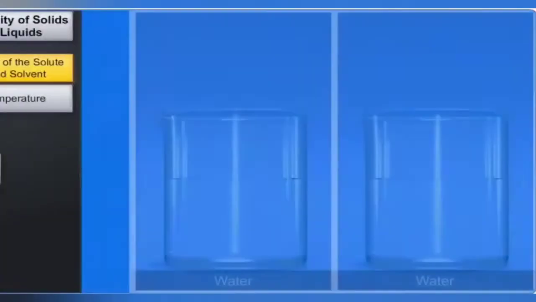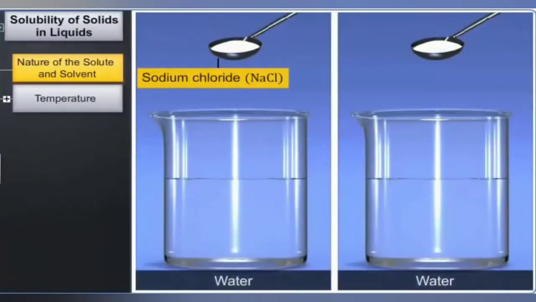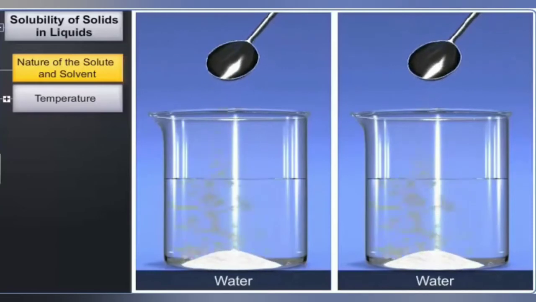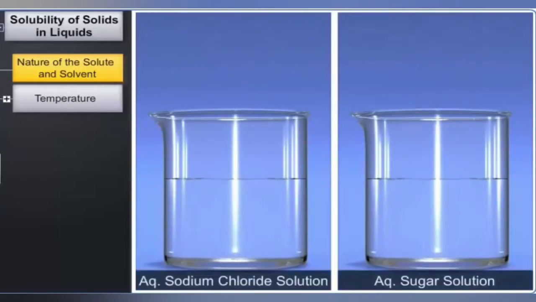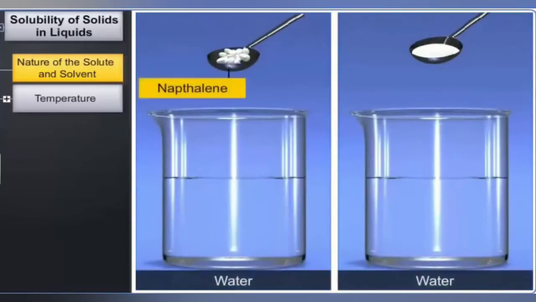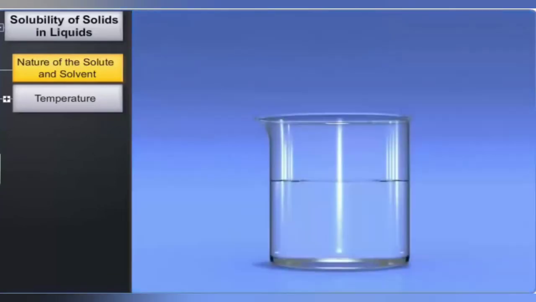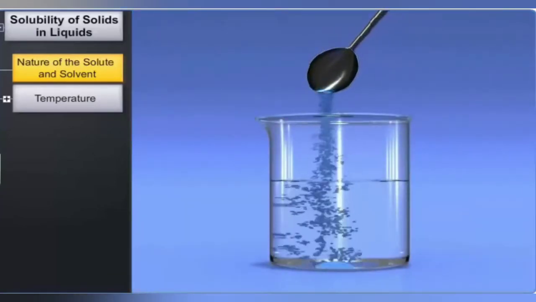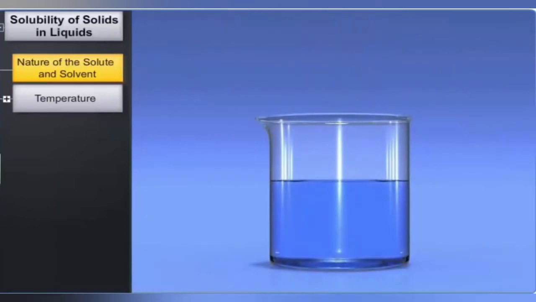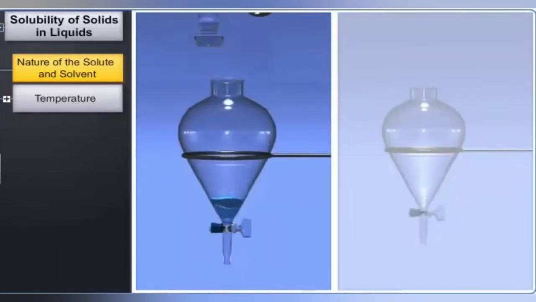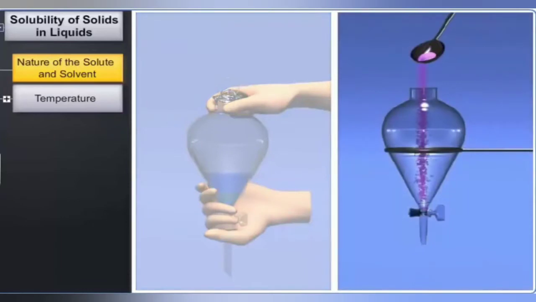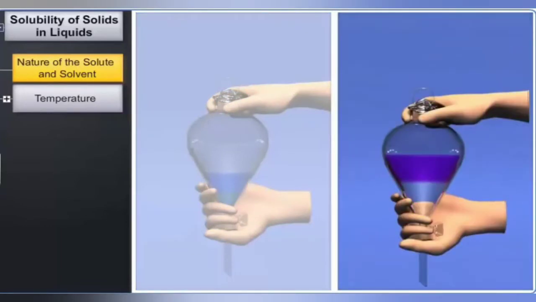It is observed that while sodium chloride and sugar dissolve readily in water, naphthalene and anthracene do not. In general, solubility follows the rule "like dissolves like." That is, a polar solute dissolves in a polar solvent and a non-polar solute dissolves in a non-polar solvent.